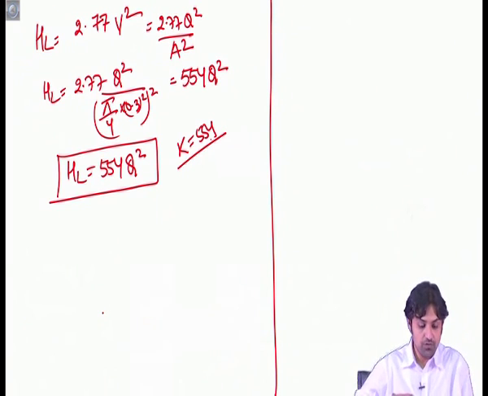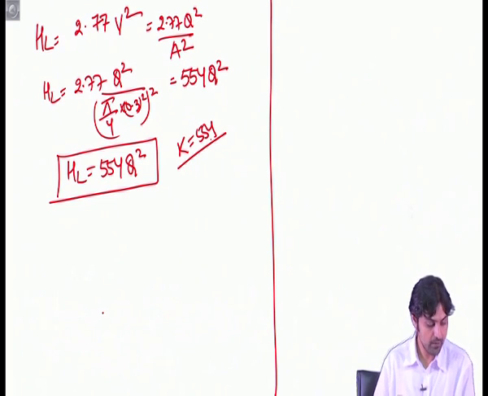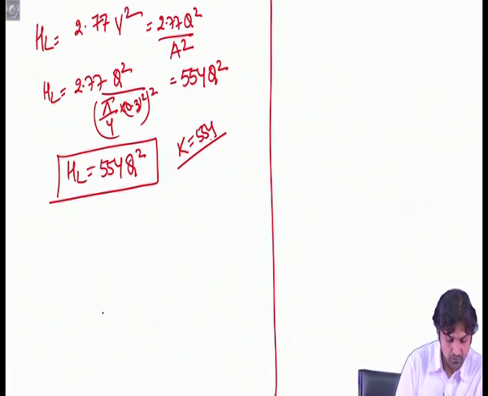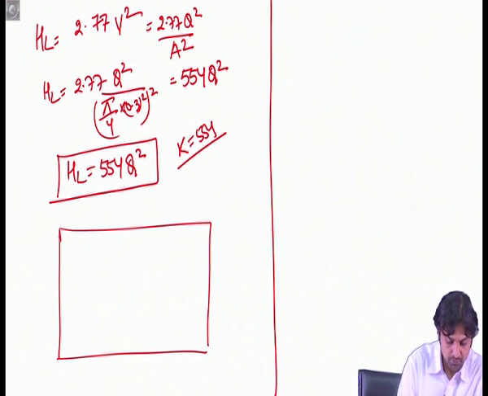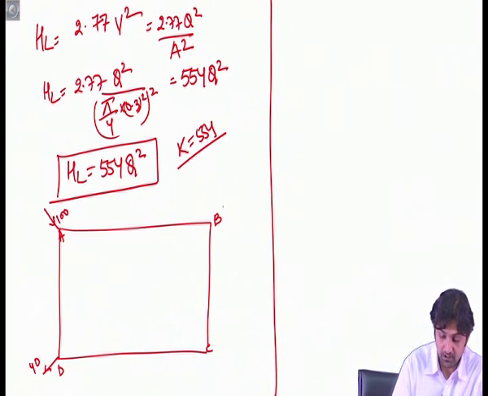So now, for the first iteration, let's say this is point A, this is point B, this is point C, and this is point D. 100 liters were coming here, this is given first, and then we say 20 liters per second, and this is 40 liters per second.